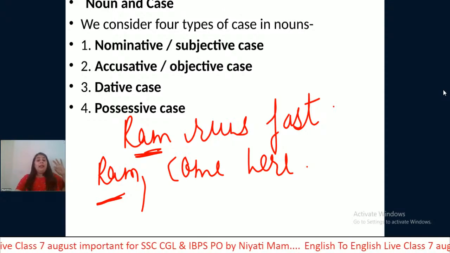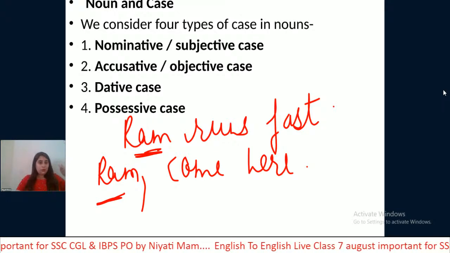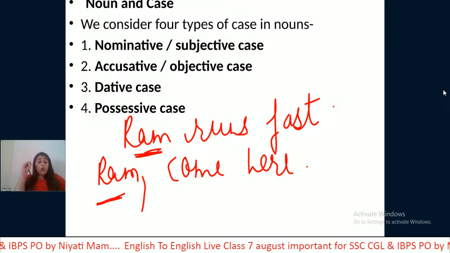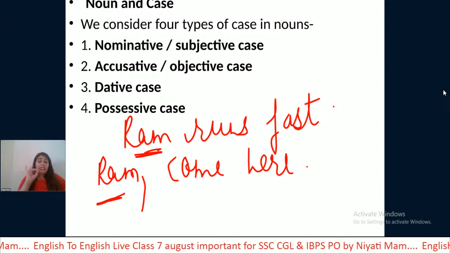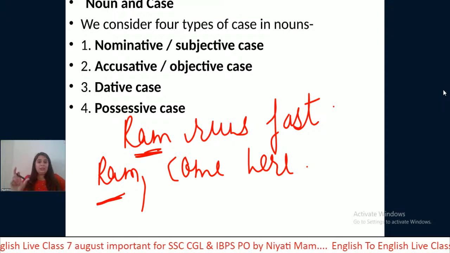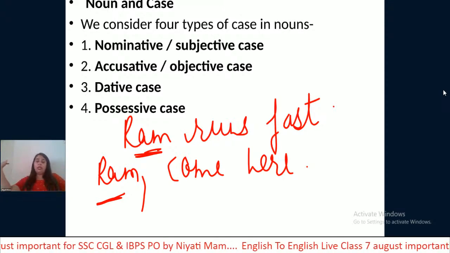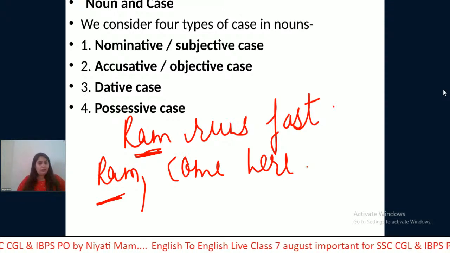So see, if I talk about the first sentence, Ram runs fast, it is not necessary for Ram to be in front of me when I speak this sentence. For example, I'm talking to my mother that there is a student in my class whose name is Ram and he runs fast.